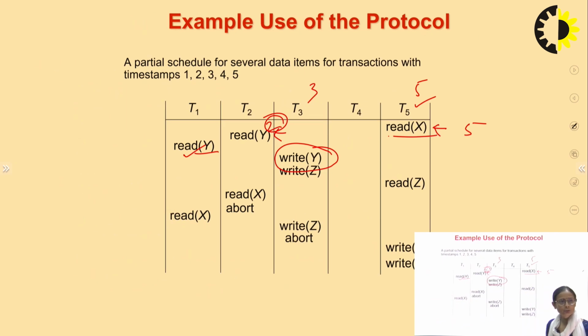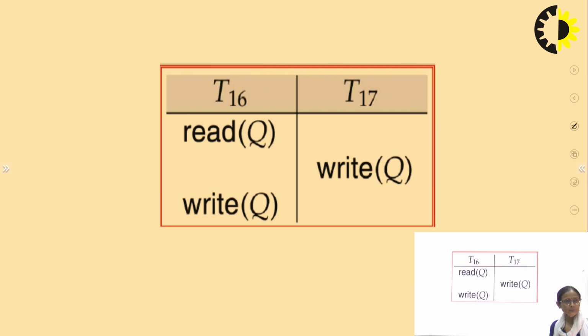This is how we go with things. This is another schedule, where we have a read operation, then we perform the write and the write. Once we perform the read, let's suppose its timestamp value is 16 and the other timestamp value is 17. So the R value is going to be 16.